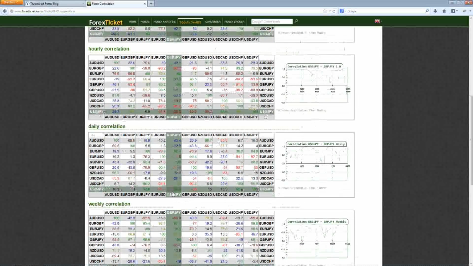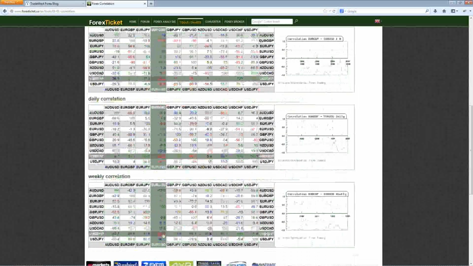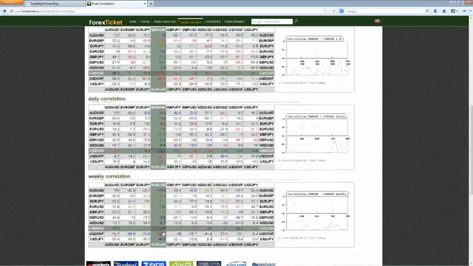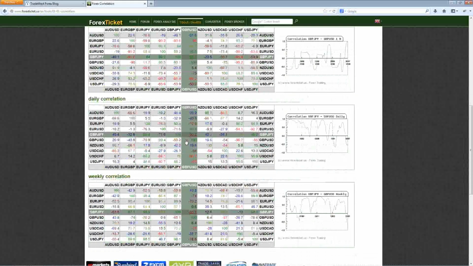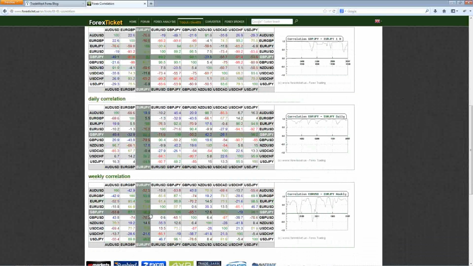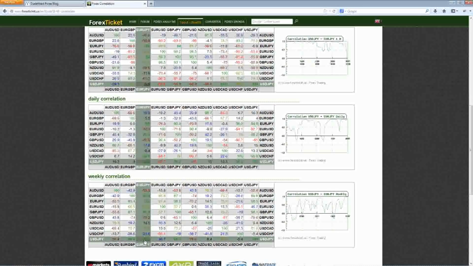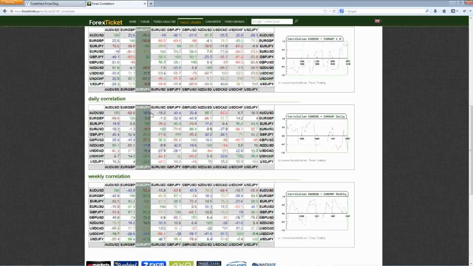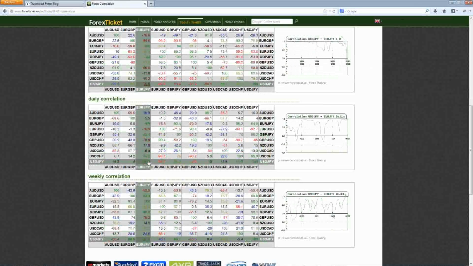If you look at the weekly correlation, it seems to always be extremely negative, which causes those to move opposite. And then on the positive side, you can see that euro yen versus euro pound is really high. You can see a couple of these that are really close to almost 100, 98.5, and that carries down to the daily as well.